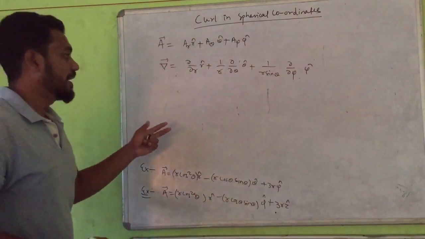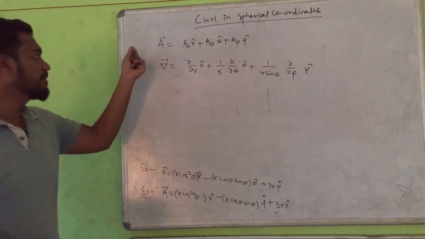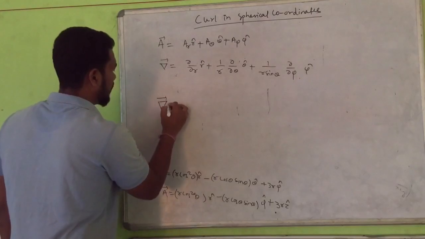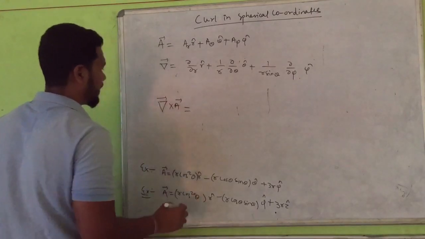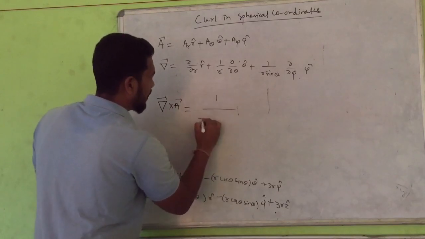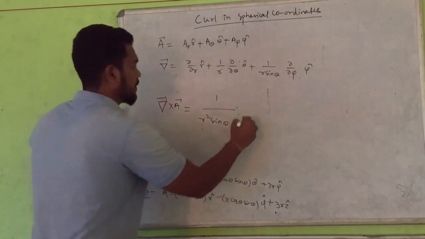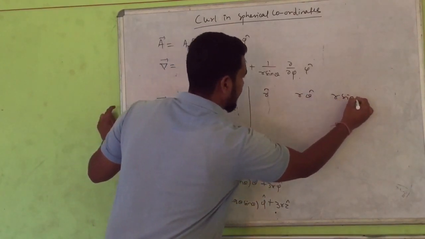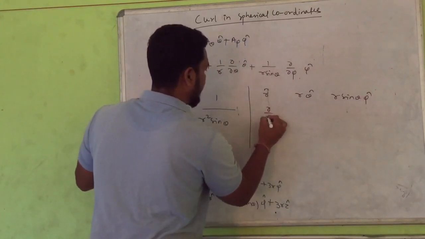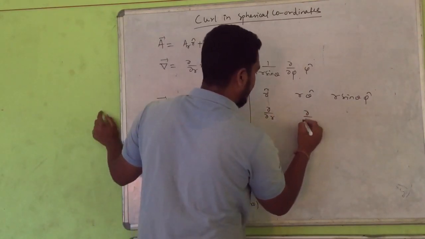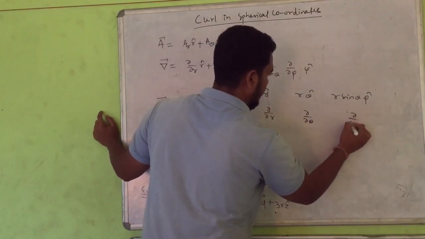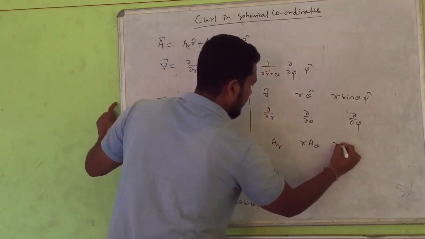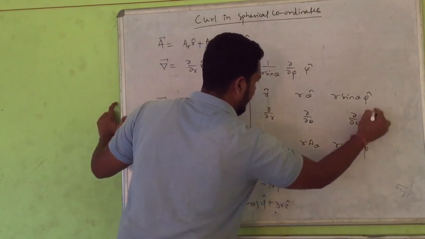So I am writing the formula for the curl of the vector A directly. The curl of a vector A in spherical coordinates is of the form 1 upon r square sin theta times the determinant with first row r cap, r theta cap, r sin theta phi cap, then del upon del r, del upon del theta, del upon del phi, and A_r, r A_theta, and r sin theta A_phi.